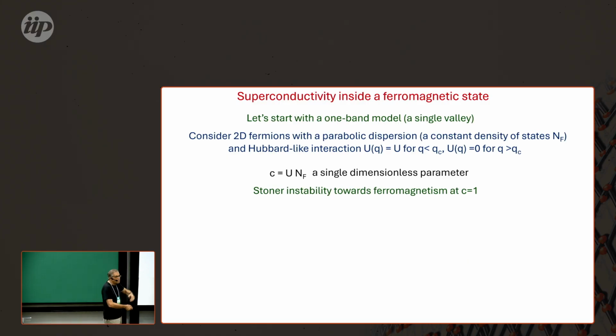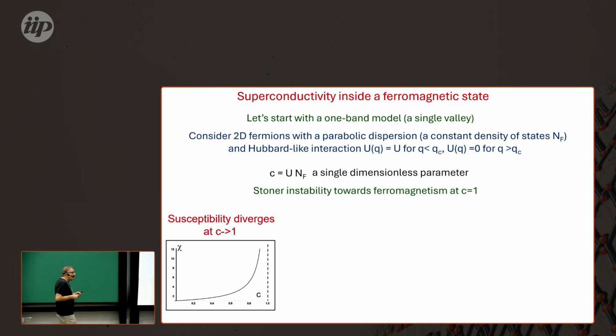And when this dimensionless parameter exceeds 1, this is where the Stoner instability comes in. What is interesting is that if you approach this point, everything seems to be completely normal. And in this respect, 3 dimensions and 2 dimensions don't make any difference. You have magnetic susceptibility, which diverges as you approach the critical point. Not surprising. We expect it for any system.